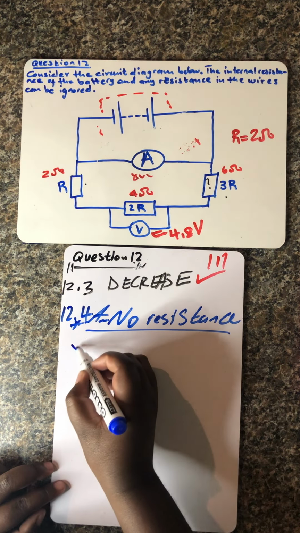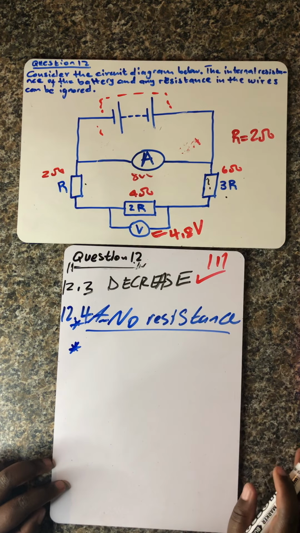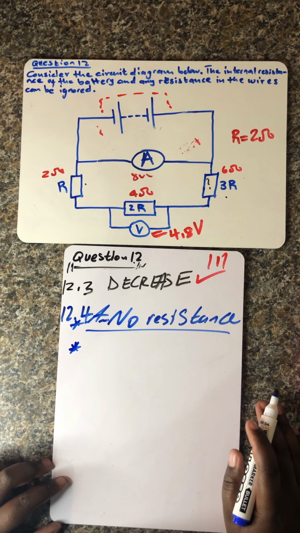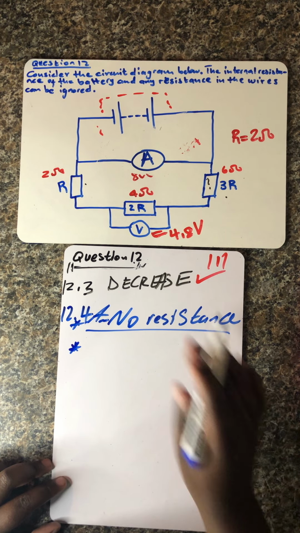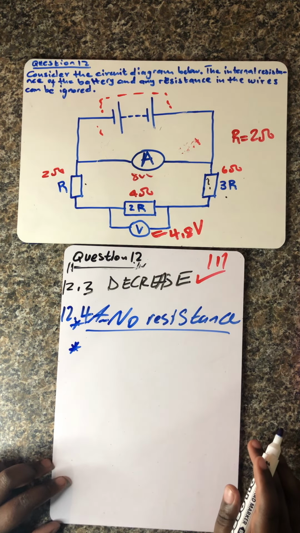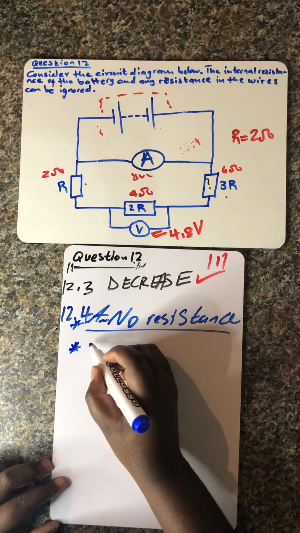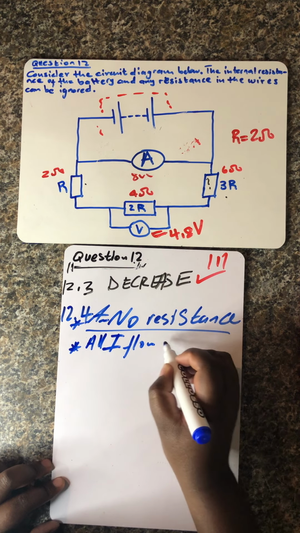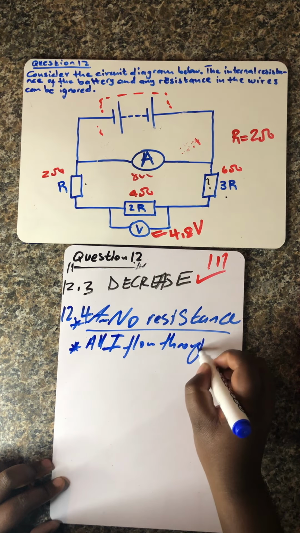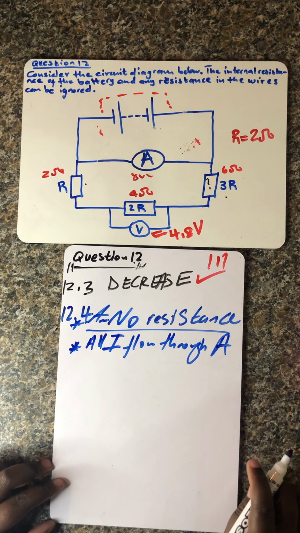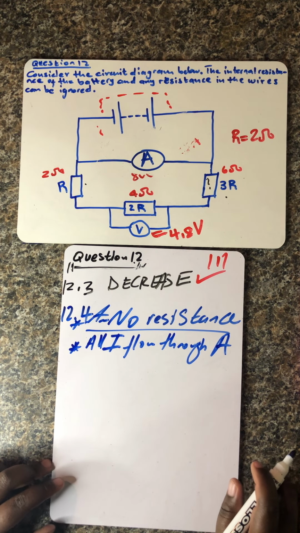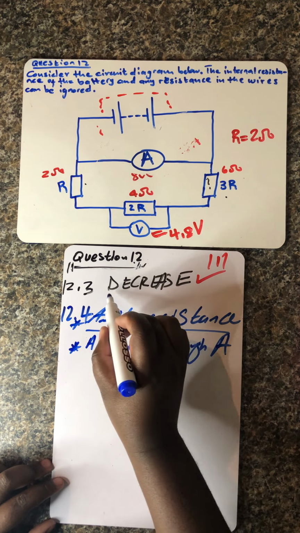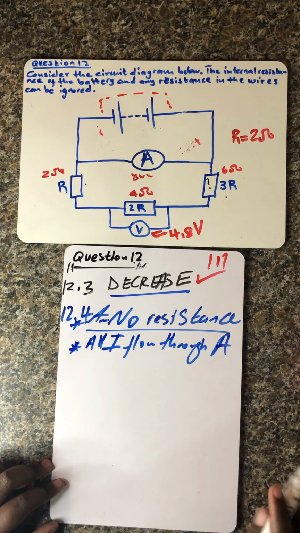What does it mean, guys, if the ammeter has a low resistance? That means almost all the current flows through that ammeter. Very, very much important, ladies and gentlemen. Almost all current flows through that ammeter. Ladies and gentlemen, remember at all times that you are actually giving reasons for your answer in question 12.3.